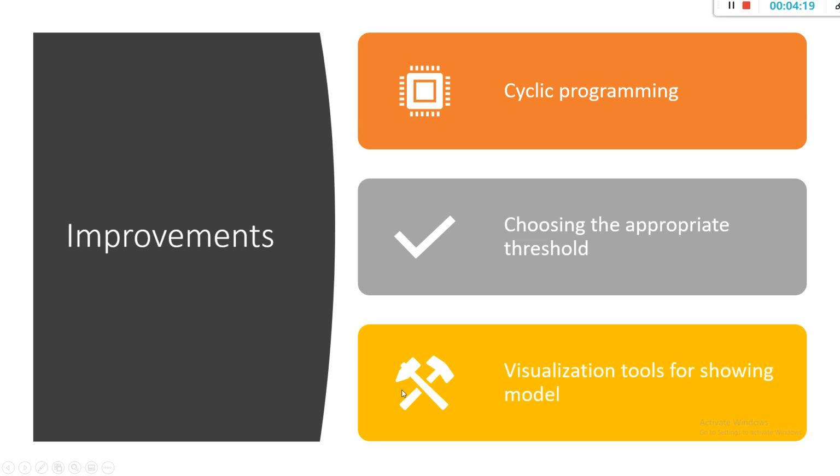Okay, for our improvements, in the split dataset part, we could develop a cyclic programming to split every attribute. It can be more efficient and accurate. In the part of preparing the data, we should choose an appropriate threshold, minimize the classification error rate, and further determine the threshold instead of using the mean directly.